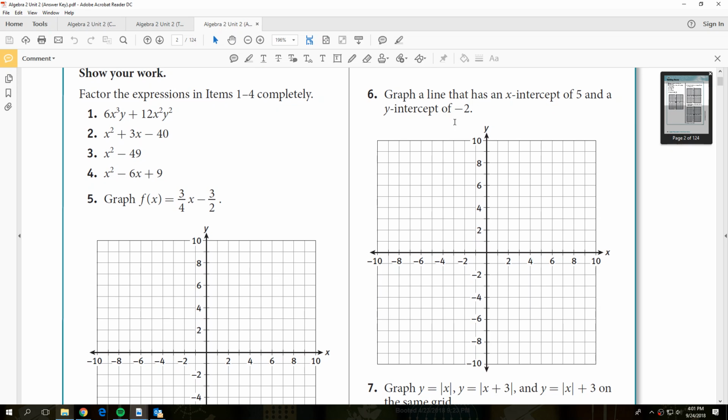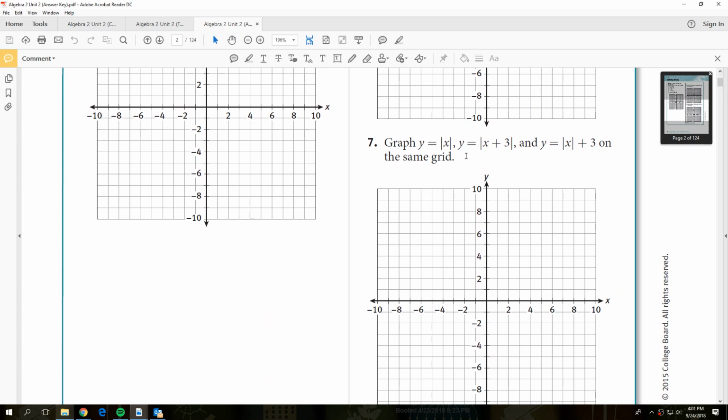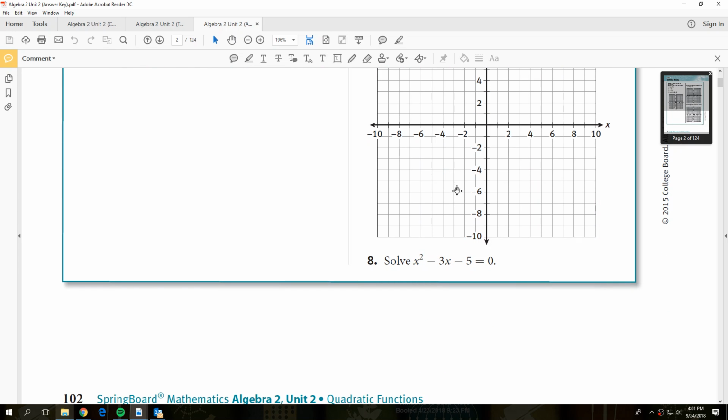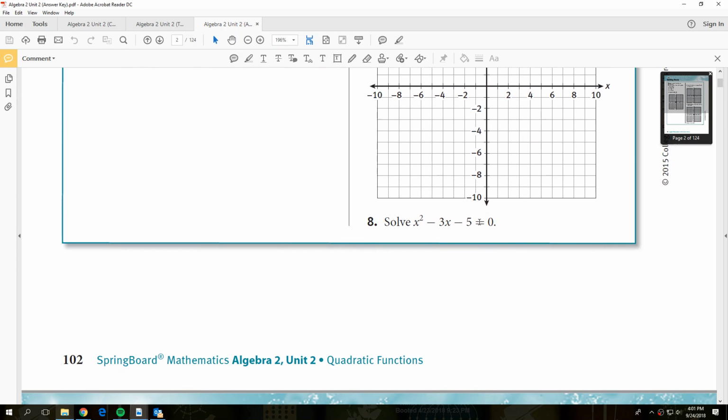Here we've got another line, given the x-intercept and y-intercept, and then graphing the parent function for an absolute value, and then some transformations on that, and then finally solving this quadratic equation for x squared minus 3x minus 5 is equal to 0.